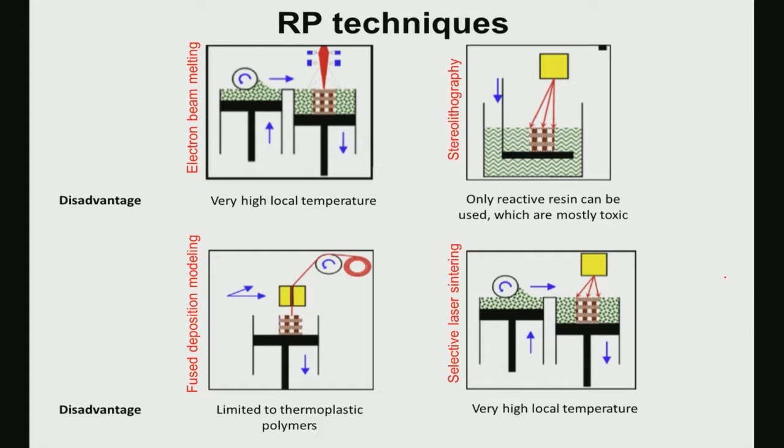Before we discuss a little more specifically the 3D printing or additive manufacturing technique, let me show you some of the other competing techniques, like electron beam melting, stereolithography, fused deposition modeling, that is FDM, and selective laser sintering, that is SLS. In all these techniques, as you can see, certain disadvantages are mentioned.